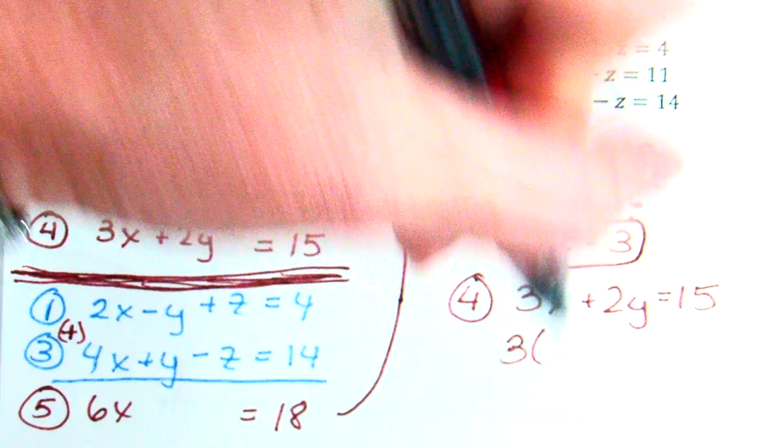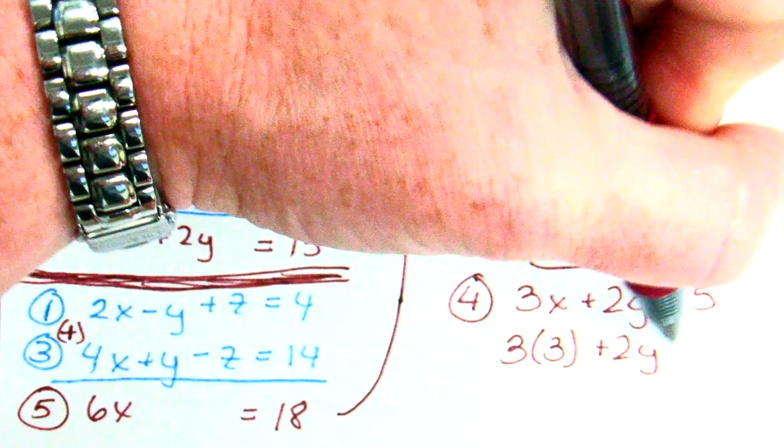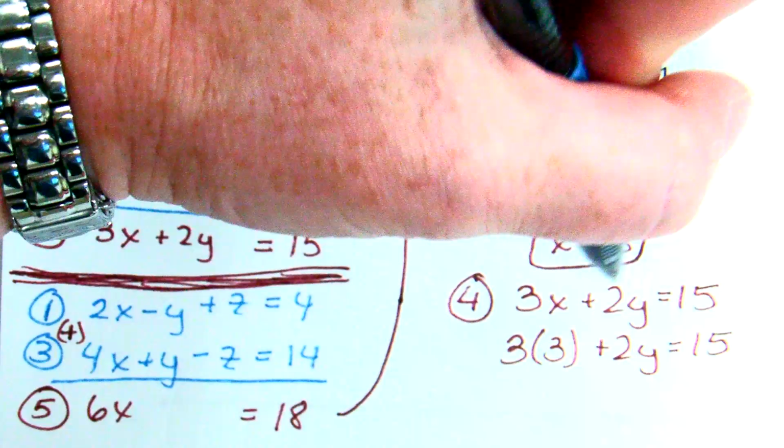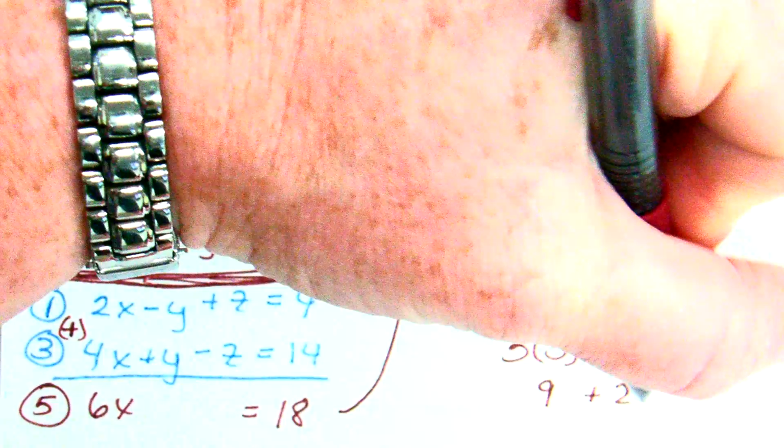So for 3x, I'm going to do 3 times 3 plus 2y equals 15. Do the math, right? 3 times 3 is 9. 9 plus 2y equals 15.